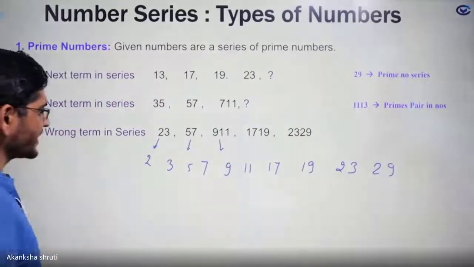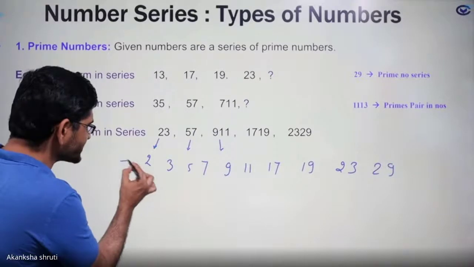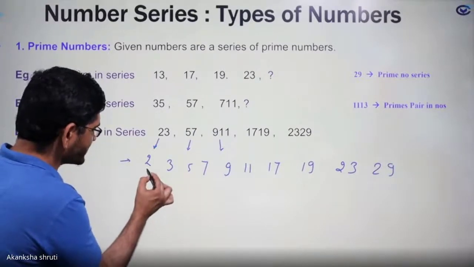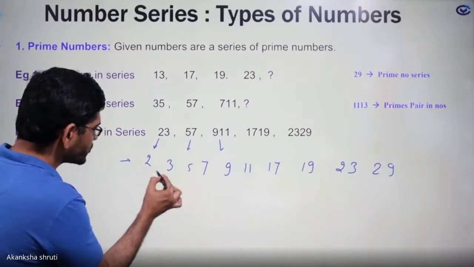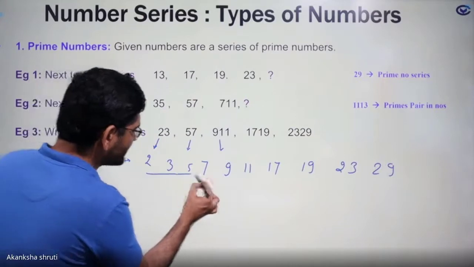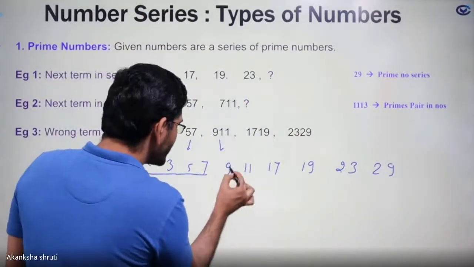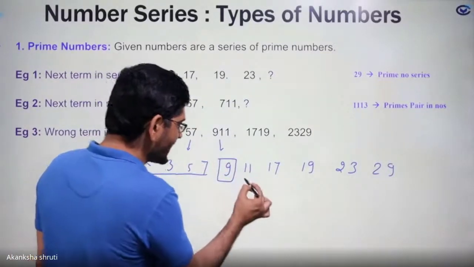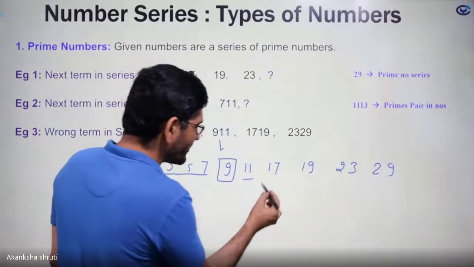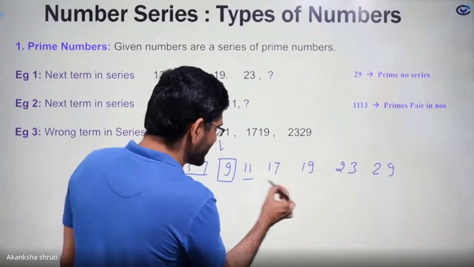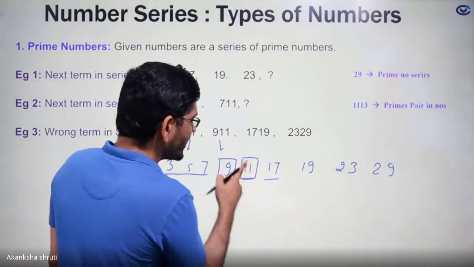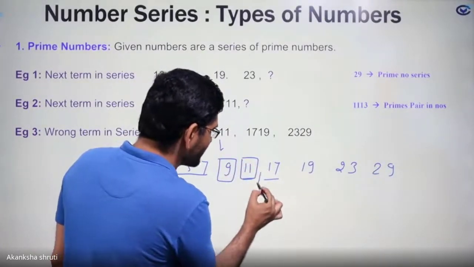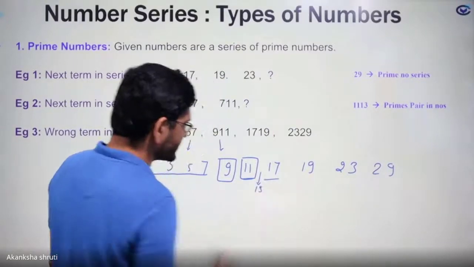In this we are getting, it appears to me a series of the prime numbers with the succeeding one: 2, 3, 5, 7, but here this 9 is not a prime. Okay, this 11, it is a prime, but after this 11 we have this 17. Though after this 11 there is one prime which is the 13.